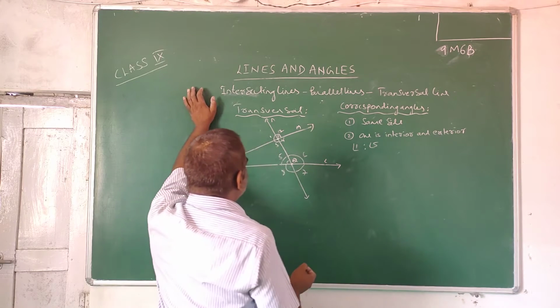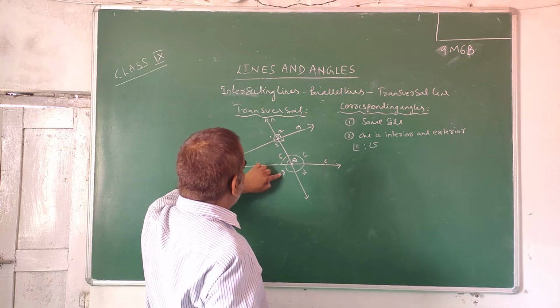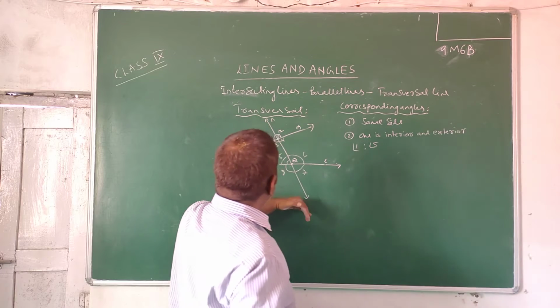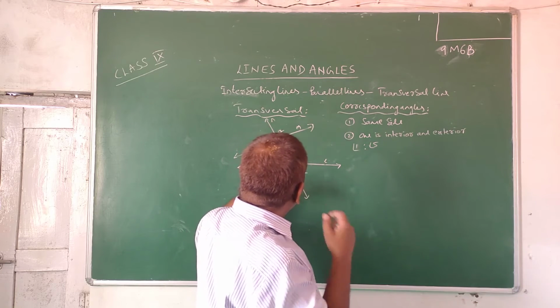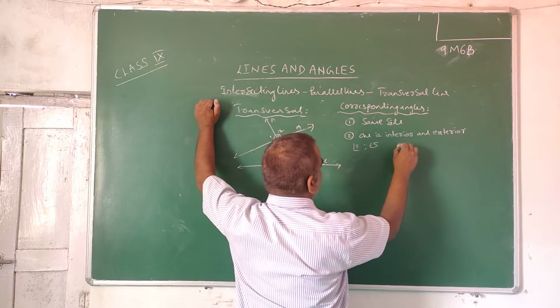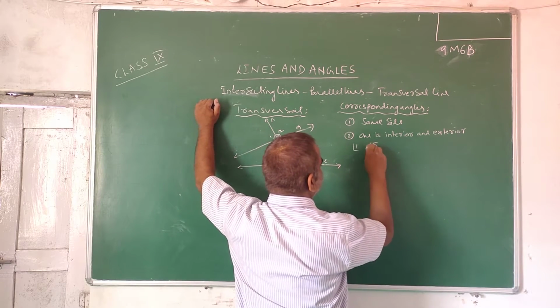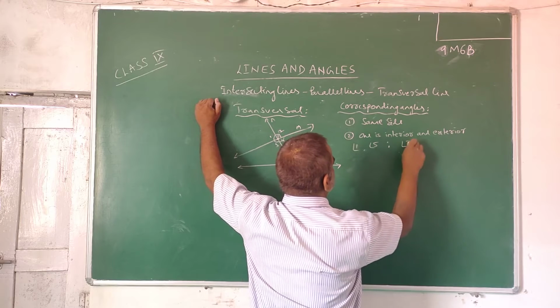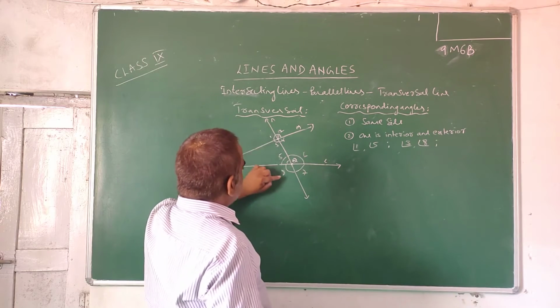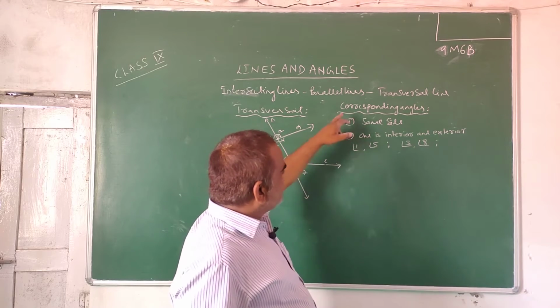Next, another pair, angle 3, angle 8. Because they are on the same side of the transversal and one is interior and one is exterior, angle 3, angle 8 is another pair of corresponding angles.